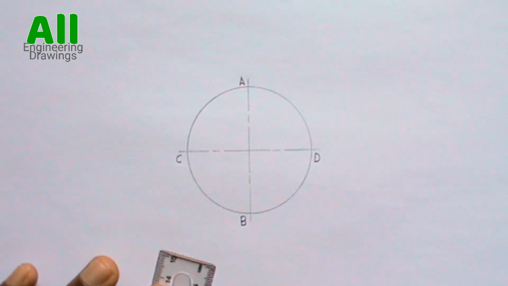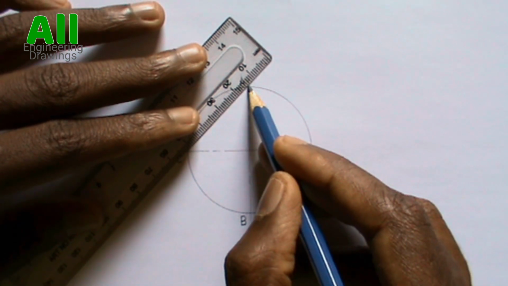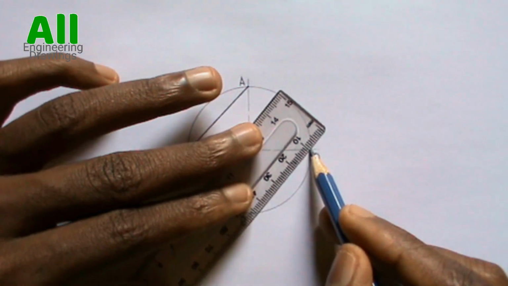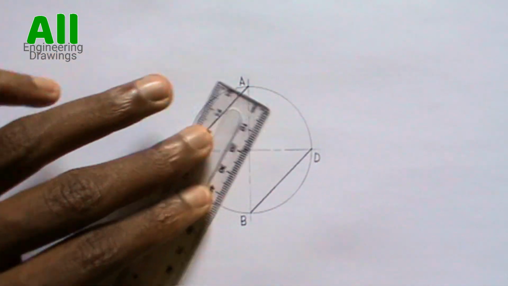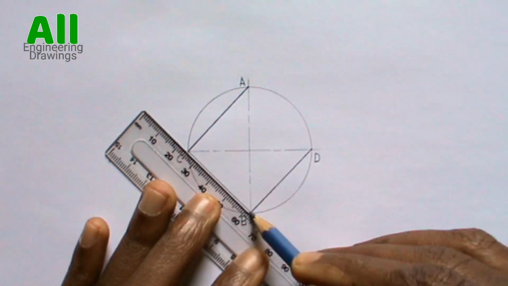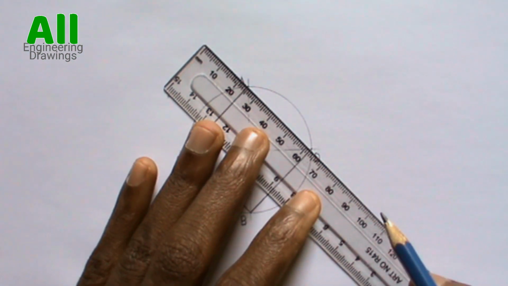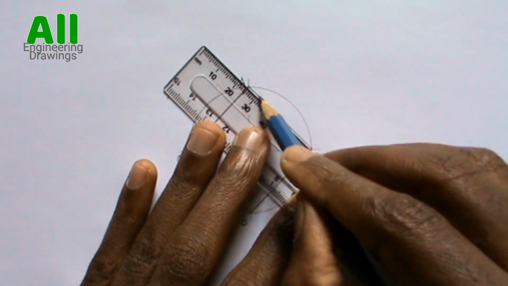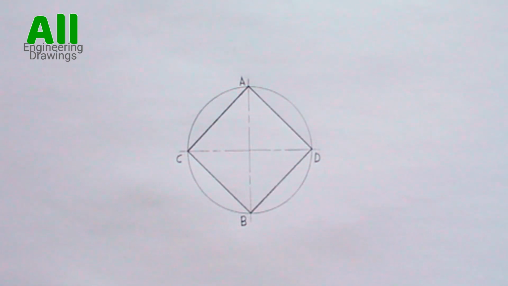Now, to produce your square, draw lines this way. The square has been inscribed in the circle successfully.